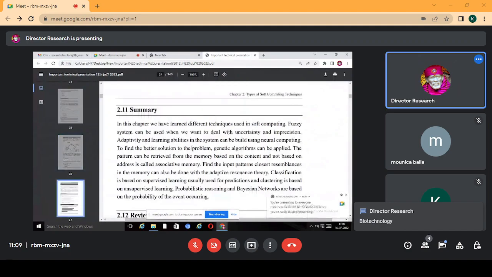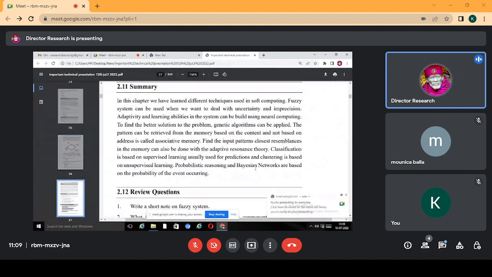In this chapter, we have learned different techniques used in soft computing. Fuzzy systems can be used when we want to deal with uncertainty and imprecision. Adaptivity and learning abilities in the system can be built using neural computing to find a better solution to the problem. Genetic algorithms can be applied. A pattern retrieved from memory based on the content and not based on the address is called associative memory.